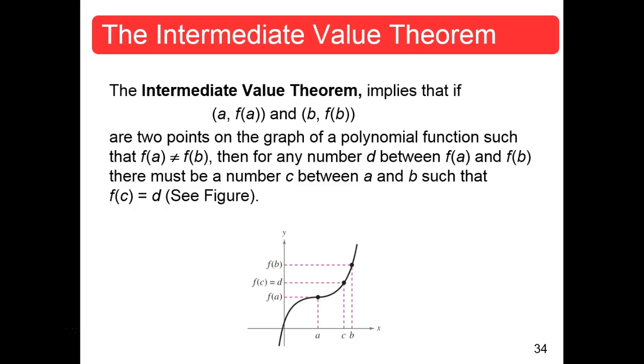Exactly. Here, all we're interested in is the continuity. Because if you have a value here, f of b, and another value here, f of a, and you have some value in between, because the function is continuous, there's got to be some c that's in between a and b that gives you that value. Can't happen otherwise. You can't get from here to there without going through that. So there has to be a c down there that f of c will equal that value d. All right? That's how we talk about it.